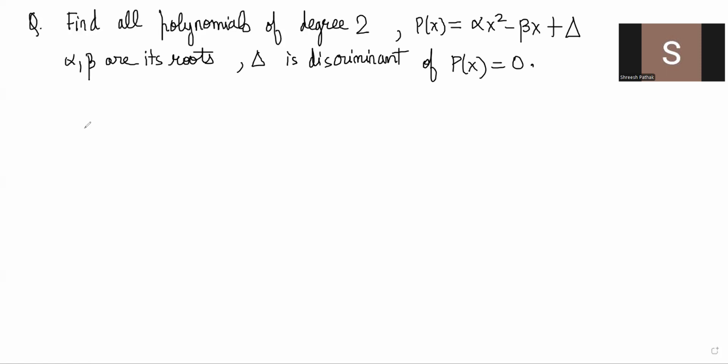Find all polynomials which satisfy this condition. The polynomial itself is made up of alpha, beta, delta, and alpha, beta are the roots and delta is the discriminant.